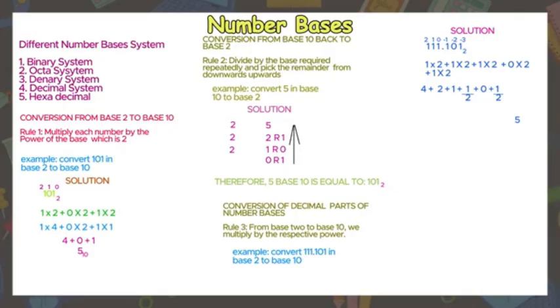Now the whole part, we first add up: 4 plus 2 is 6, plus 1, 7.